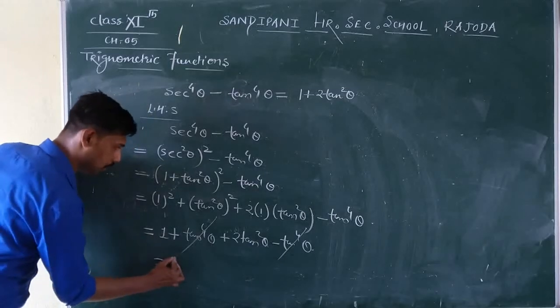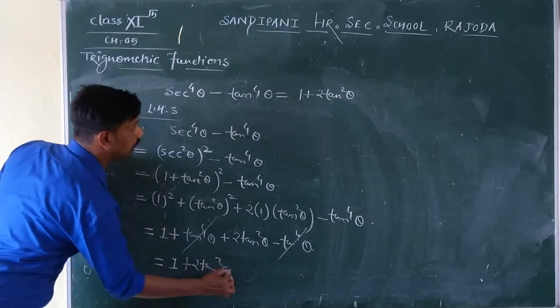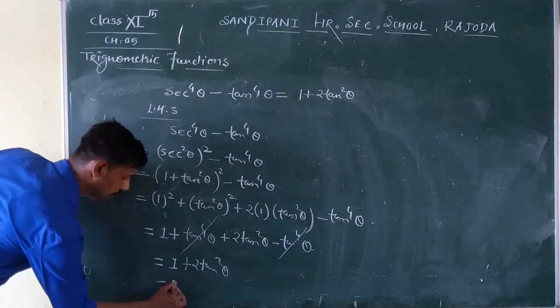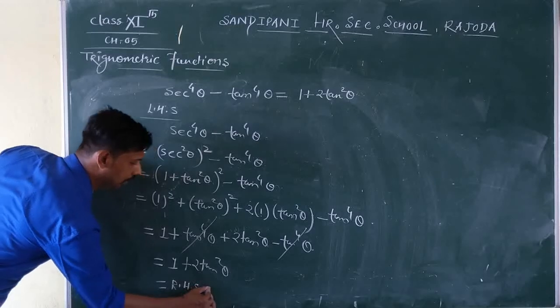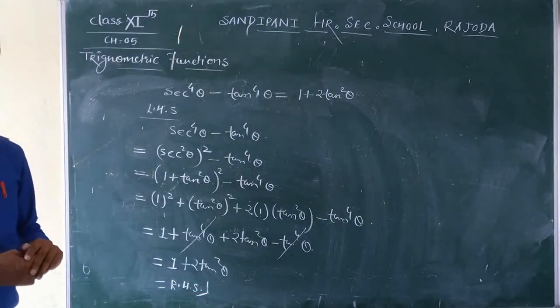Now we get 1 and 2 tan square theta. Comparing with the RHS, 1 plus 2 tan square theta, LHS is equal to RHS. I hope you are getting the proper solution of this question.